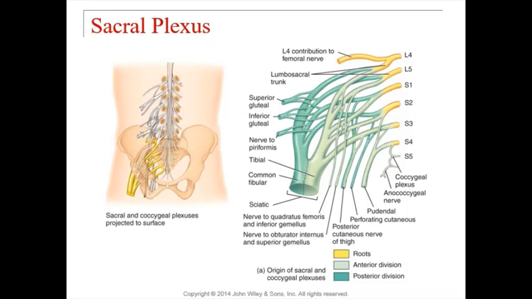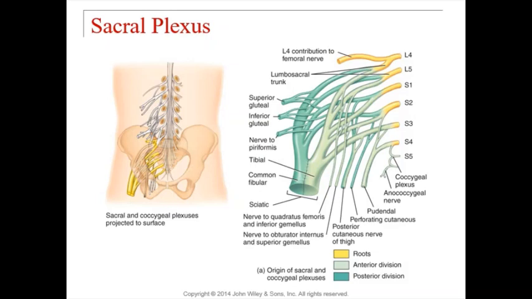L5 through S4. And again, we got to pick out one nerve. There is a huge nerve in this plexus. It's huge. You see it on the picture. It's called the sciatic nerve. Again, you got to know the function. What's the function of the sciatic nerve? Well, it turns out the sciatic nerve is going towards the back of the thigh. It's going to the posterior thigh.